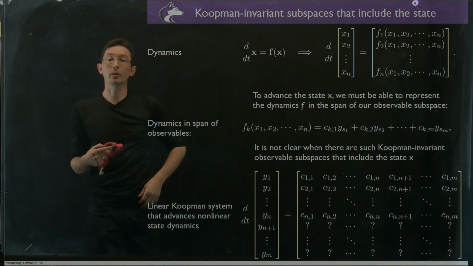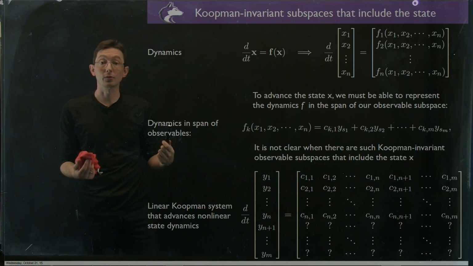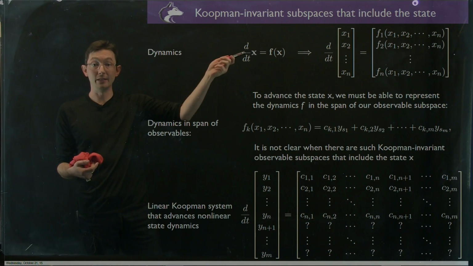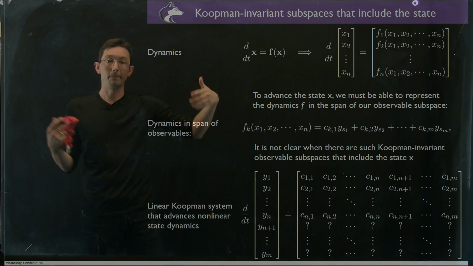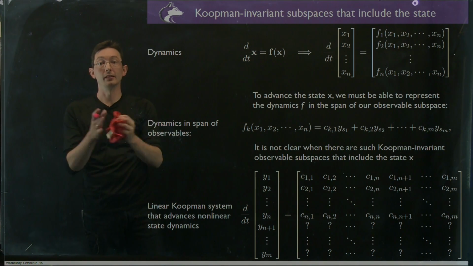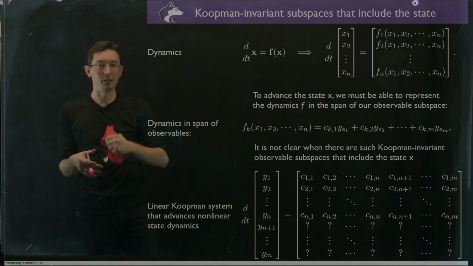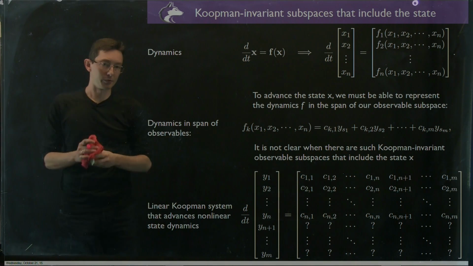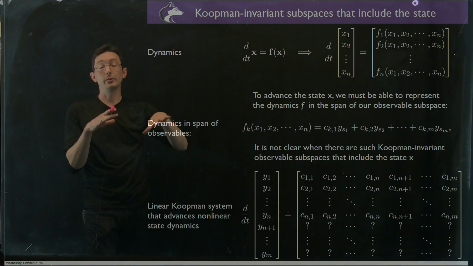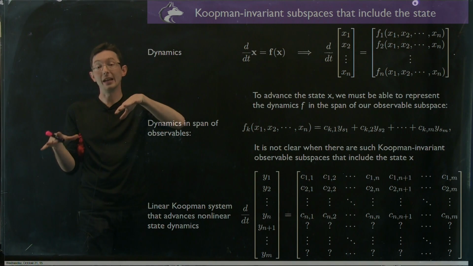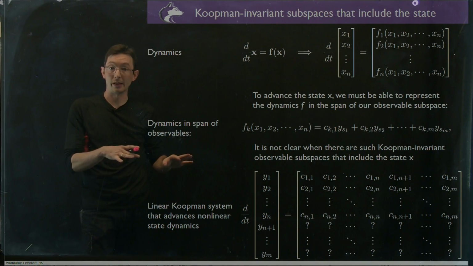And this is really important because if I want to develop an optimal controller where I'm penalizing deviation of x, then I need to know what x is doing. And ideally I would do this in a linear framework, so I can use LQR or H-infinity controllers. So to advance the state x, we have to be able to represent the dynamics f in the span of our observable subspace.